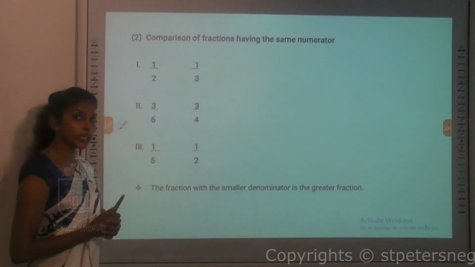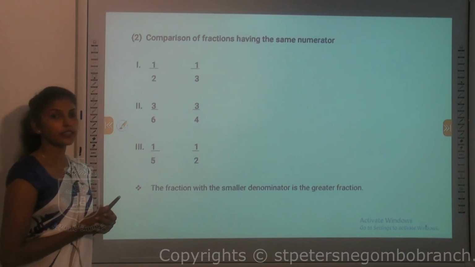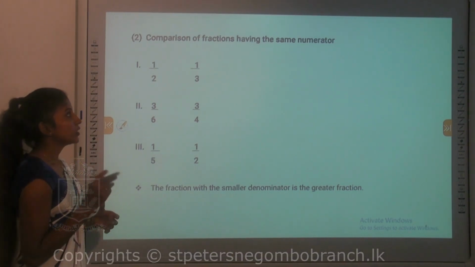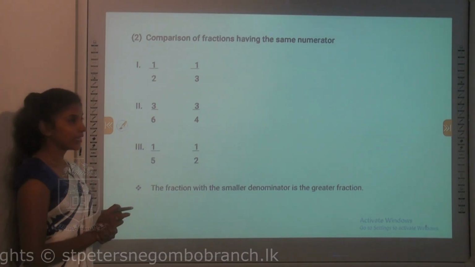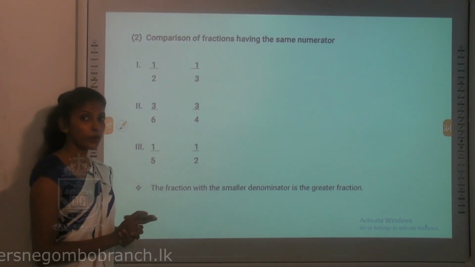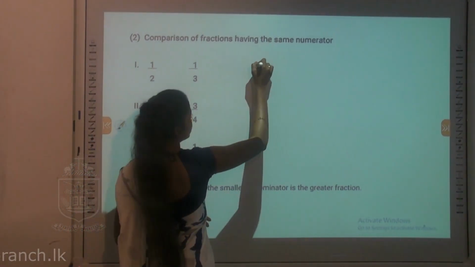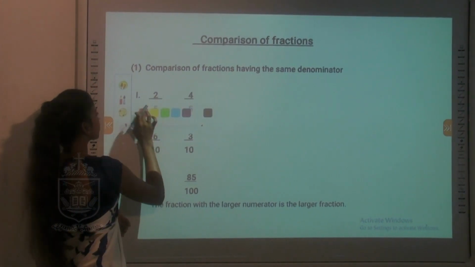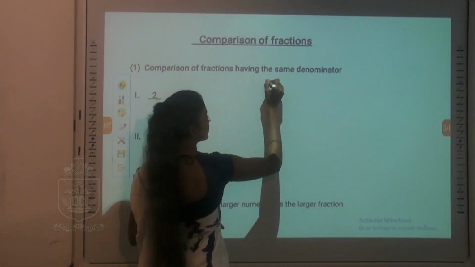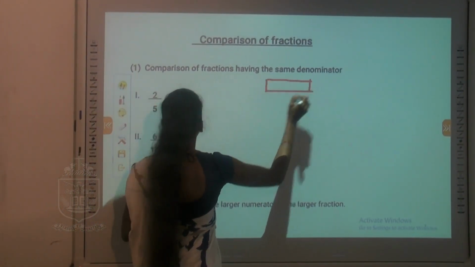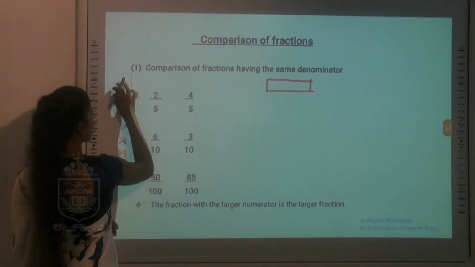So let's see how we can compare two fractions in this type. In this one also I am going to represent it diagrammatically for you all to understand it more clearly.